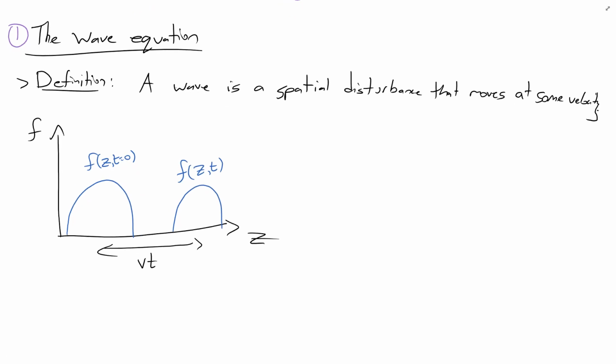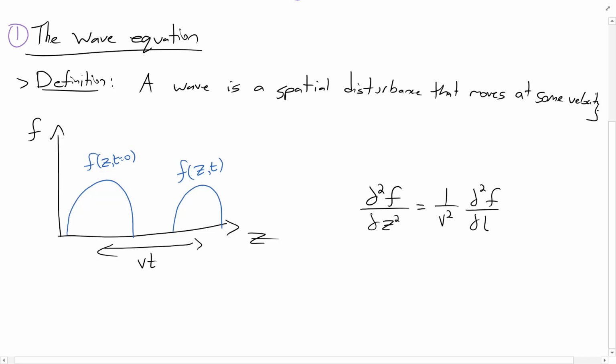So the wave equation itself can be written as such. A spatial disturbance results in this temporal disturbance. This is the most functional form for the wave equation, and it can be used to represent sound waves, light waves, and water waves.